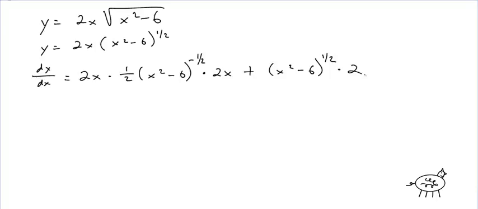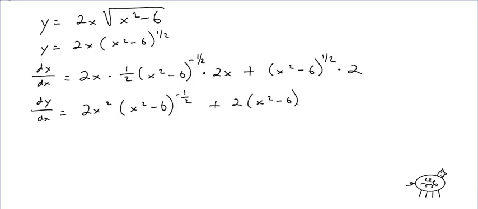Let's put some things together here. dy/dx: 2x times 1/2 times 2x gives me 2x squared, times (x squared minus 6) to the negative 1/2, plus 2 times (x squared minus 6) to the 1/2.